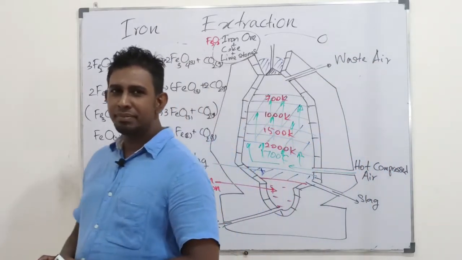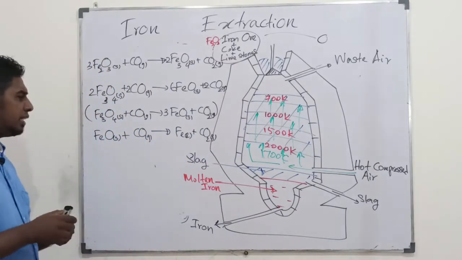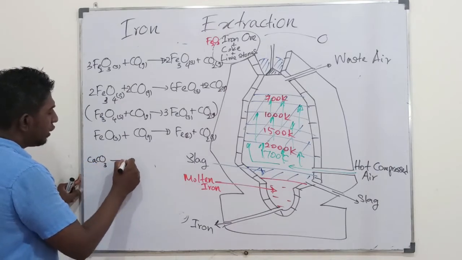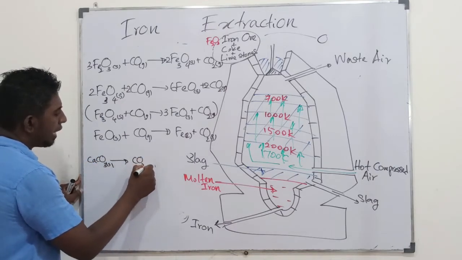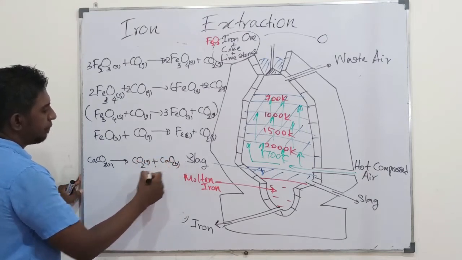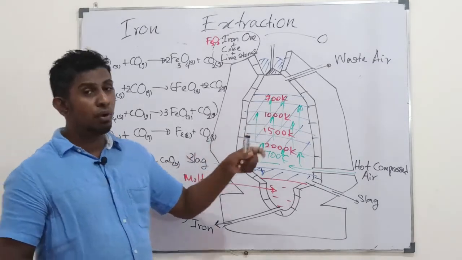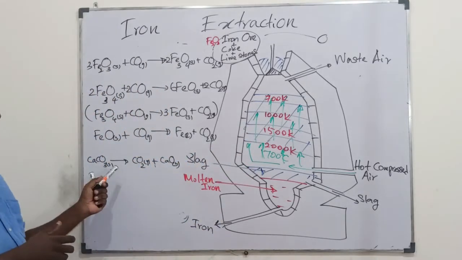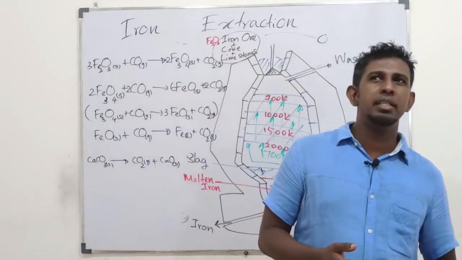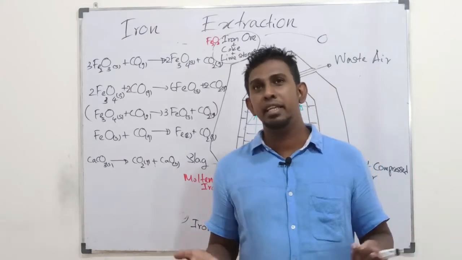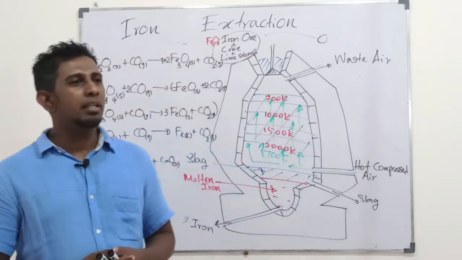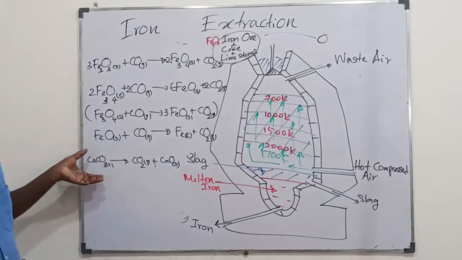Okay. Then, as you have already seen, the limestone, calcium carbonate, decomposed into carbon dioxide gas and calcium oxide solid. This carbon dioxide is formed by decomposition of calcium carbonate below 1000 degrees centigrade. We have seen the decomposition temperature being 898 degrees centigrade. So it's possible below 1000 to have this reaction.